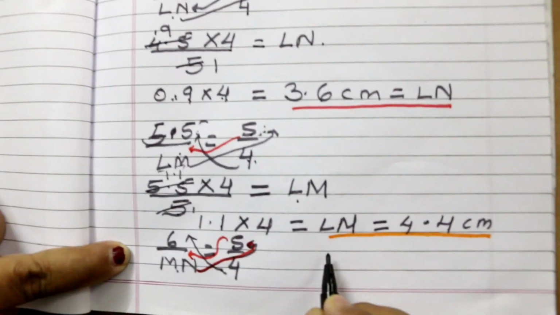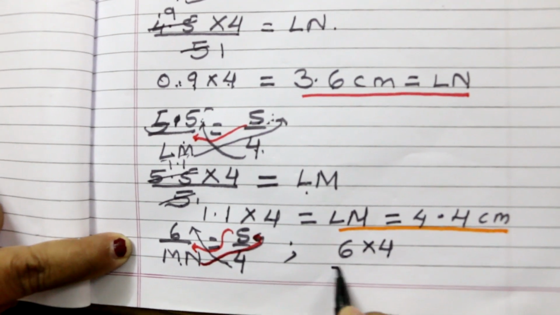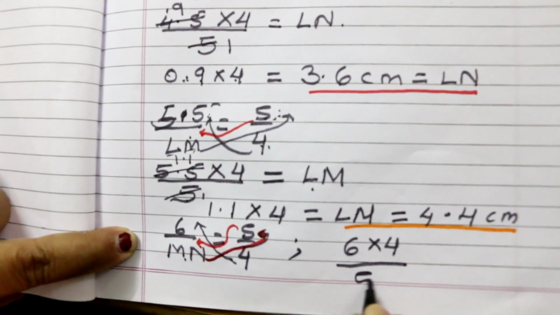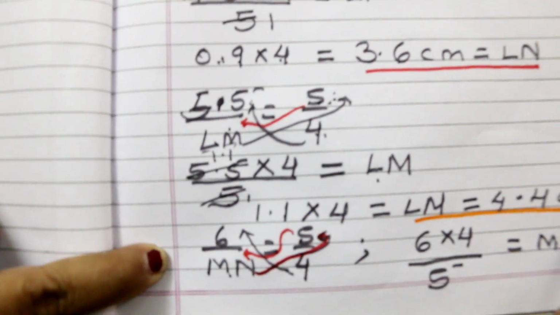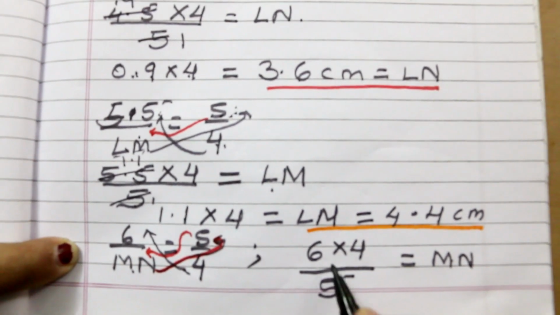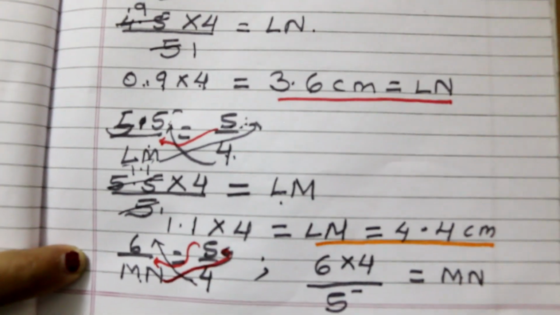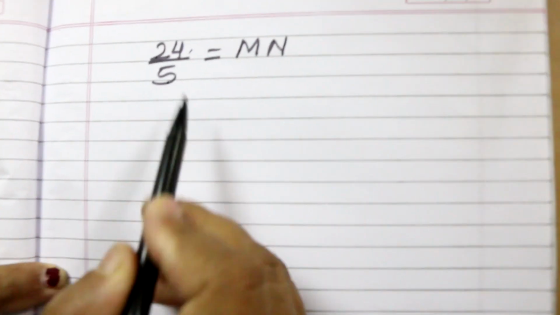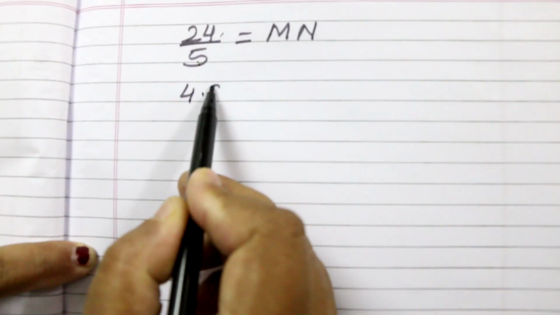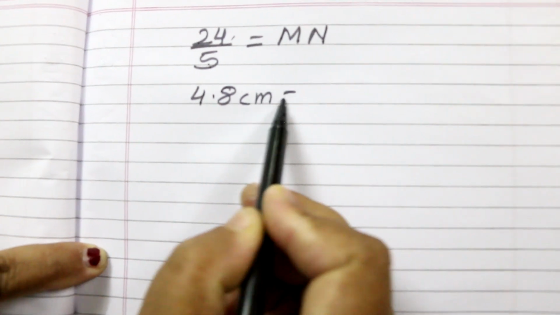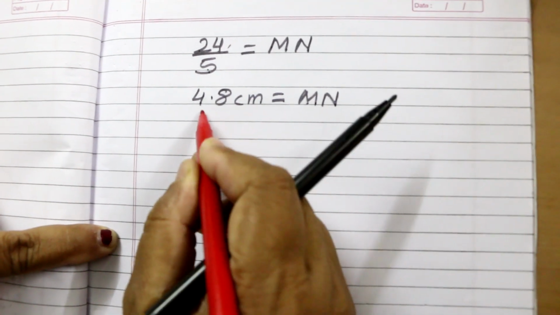So we get 6 into 4/5 is equal to MN. 6 into 4 is 24/5. Now dividing 24 by 5, 5 4s are 20, 5 8s are 40, 4.8 centimeter MN. So we got all the sides of triangle LMN.